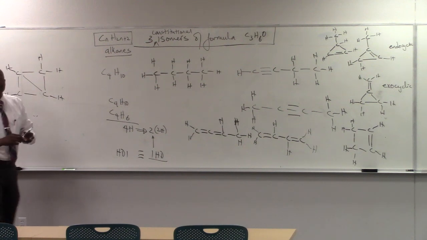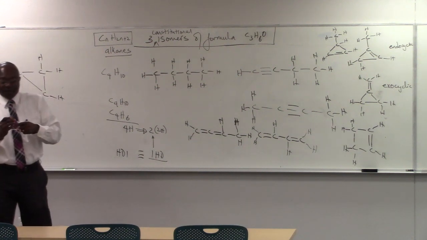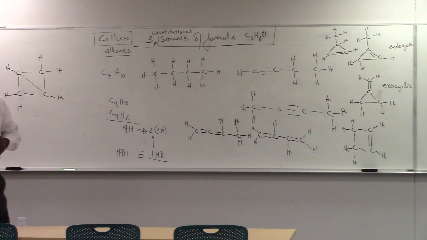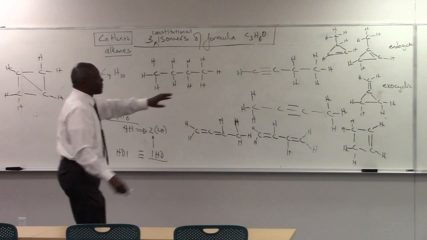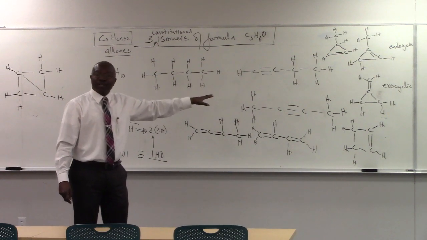Now, we talked about the complexity of organic chemistry yesterday and why carbon was so special. All I have is C4H6, right? Look at how many options I have. And by the way, we have not exhausted them yet.